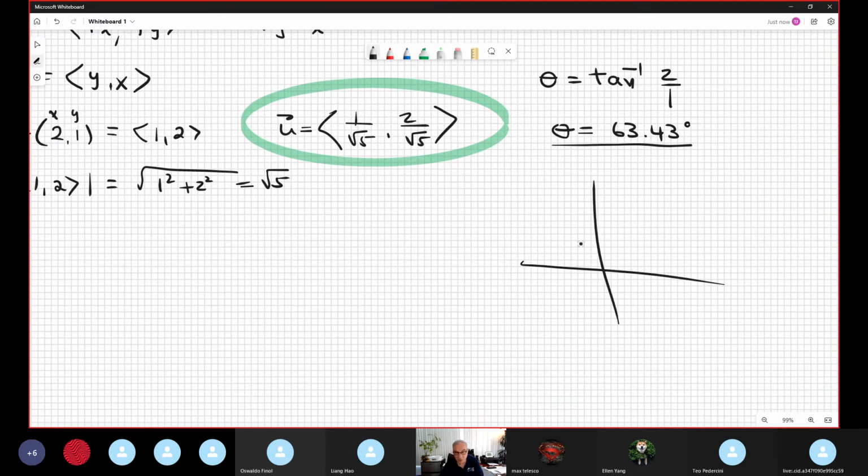Here is the x, this is y. The point is 2, 1. Here is my point. However, the vector is 1, 2. So 2 up, 1 here. This is the vector, and this angle is 63.43.